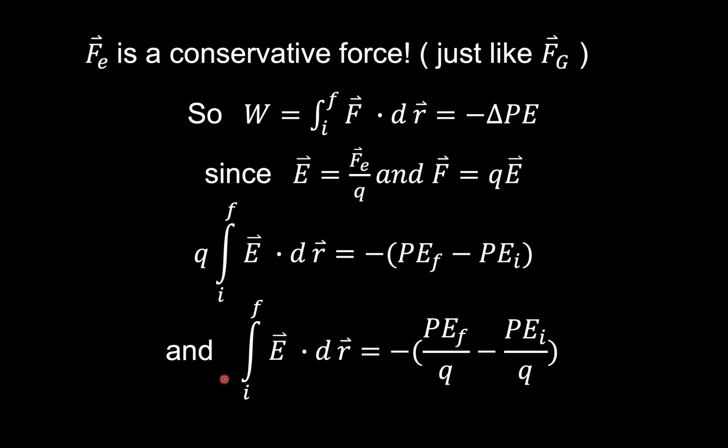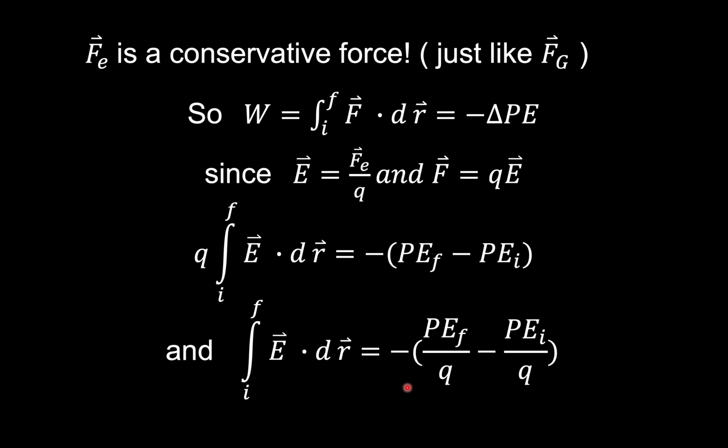Here we have a nice integral. This is just the integral from an initial to final position through an electric field along some path. And here we have that it's the opposite of the change in this quantity, potential energy divided by charge.